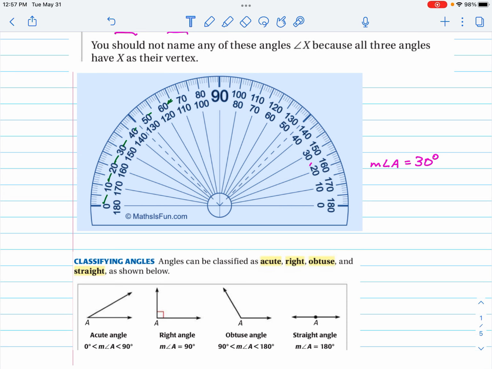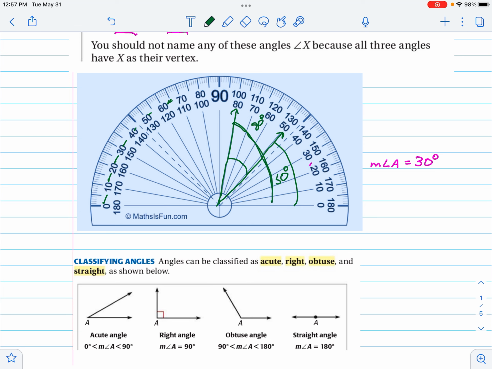Now, remember also, you could have something like this. Let's suppose we start there, and then we've got this over here, 50, like this. Let's suppose I want to know this angle here. I know that this angle right here is 50 degrees, and this angle over here is 80 degrees. I can just measure it.